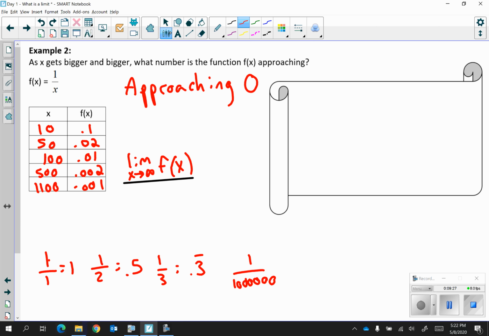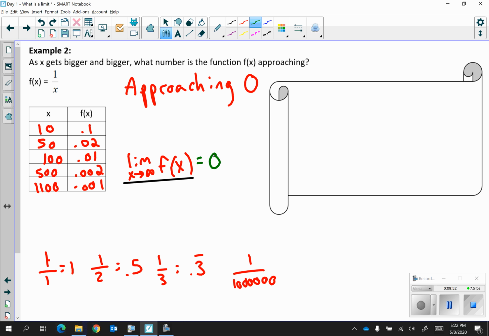So again, this part is supposed to be the same size as f of x. Small first part, normal size actual function. Anyway, we just said that the limit as x goes to infinity of f of x is equal to 0.